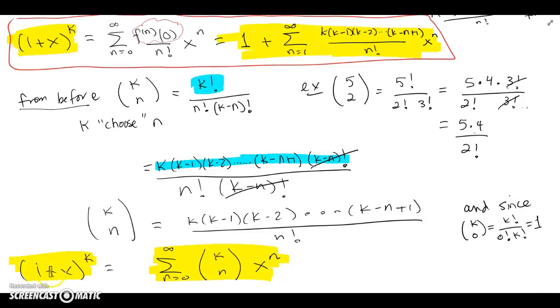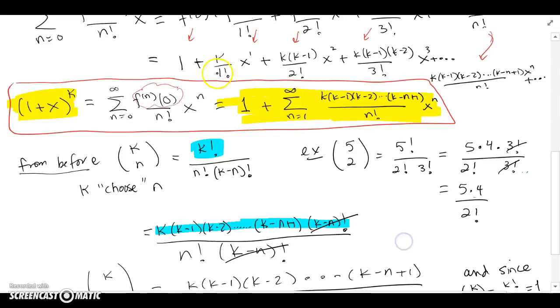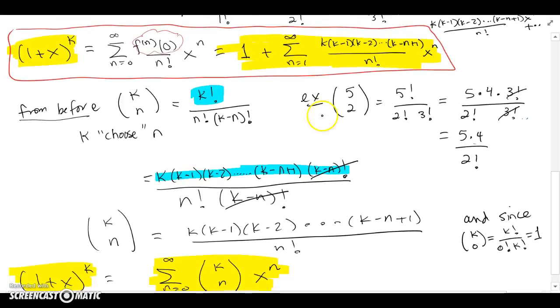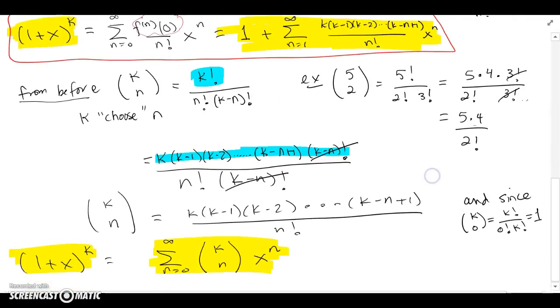So short version, 1 plus x to the k could be written as the sum of k choose n times x to the n, meaning k choose 0, k choose 1, k choose 2, k choose 3, dot, dot, dot, and so forth. And each time I'm doing the k choose 0, k choose 1, k choose 2, and all that business, I'm spitting these terms out.